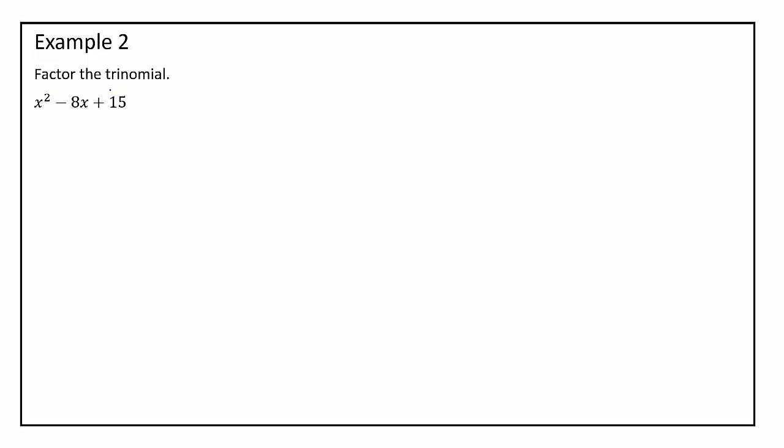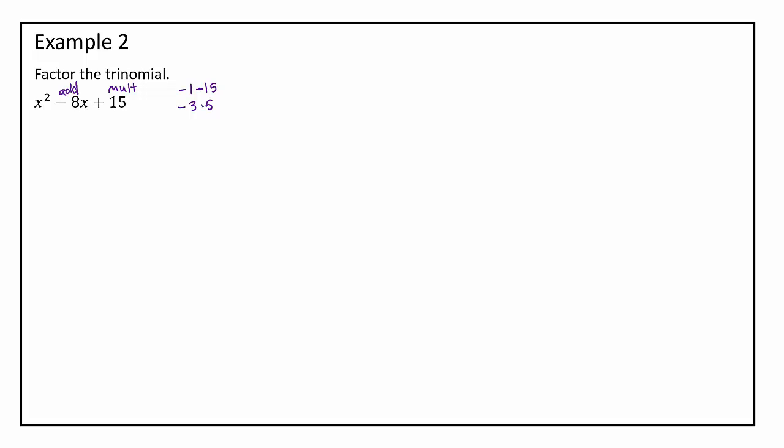Here I'm looking for what multiplies to get 15 and adds to get -8. A note on this is that if it needs to multiply to get 15, they either both have to be positive or both negative. And since I want to add and get a negative number, that means they should both be negative. When I make my list of factors, I don't usually put negatives at the beginning, but afterwards I can say, okay, they both need to be negative.